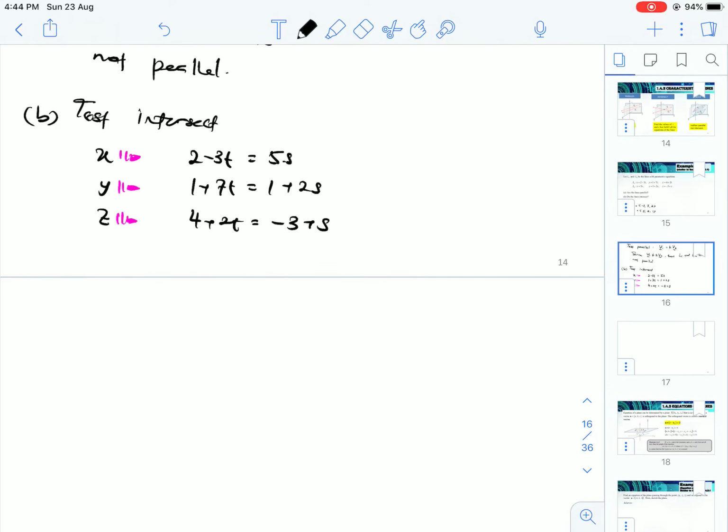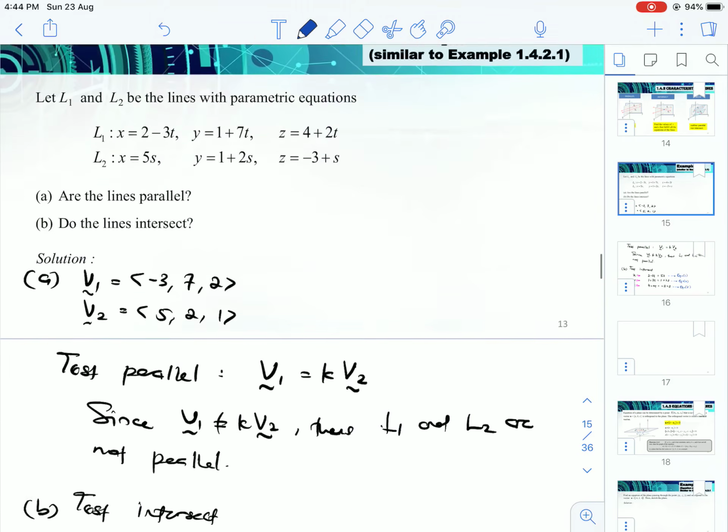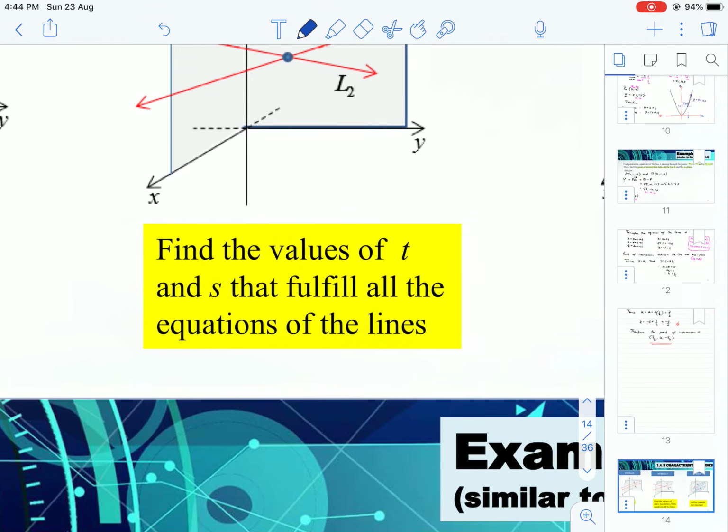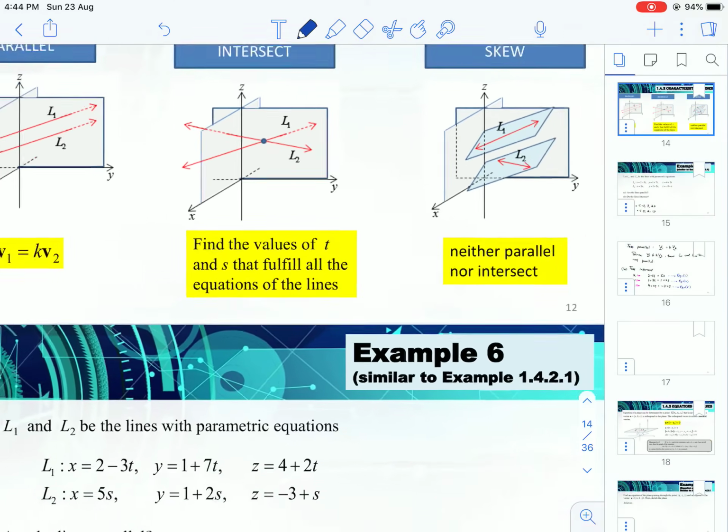So we have 3 equations here: equation 1, equation 2, and equation 3. As I mentioned earlier in this slide, to determine whether the lines intersect, we need to find the values of t and s that fulfill all the equations of the lines.